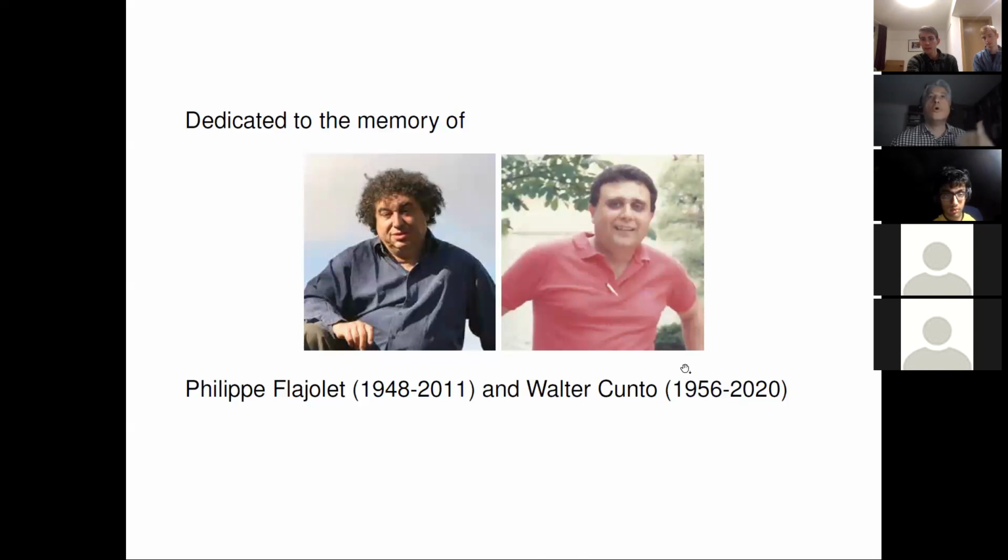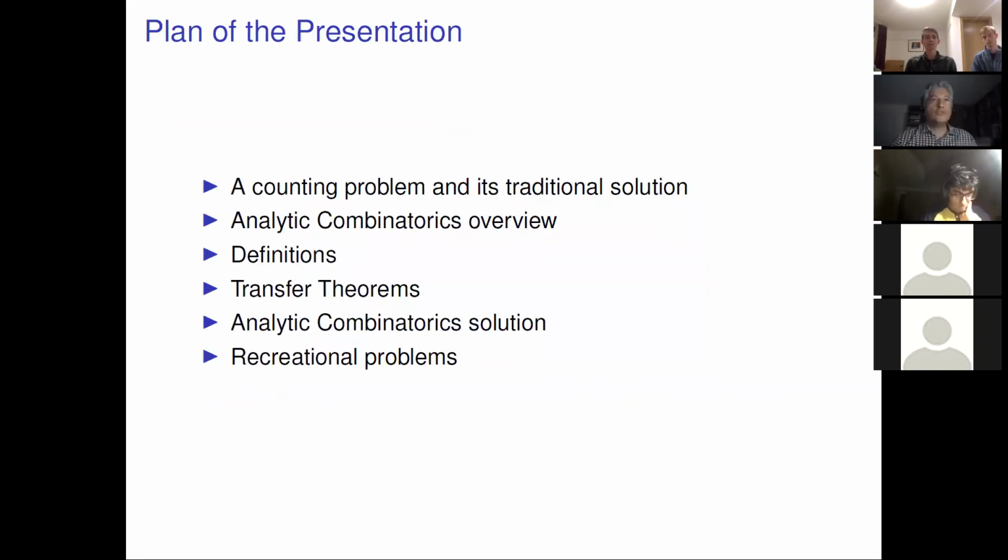Okay. So we worked on a problem proposed by Philippe Flajolet, and thanks to that paper, 25 years later, I started my PhD, and that's when I learned about analytic combinatorics. I'm going to show very briefly a counting problem and its traditional solution, and then explain the basics of analytic combinatorics, so that I can show you the analytic combinatorics solution to the same problem.